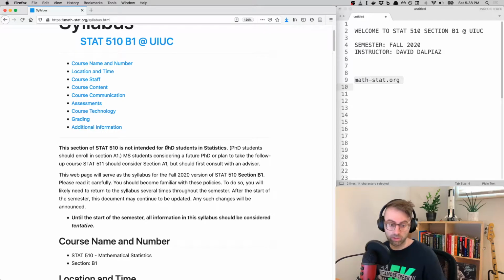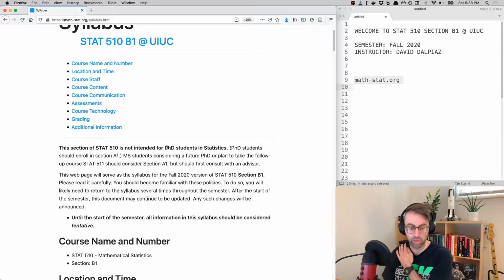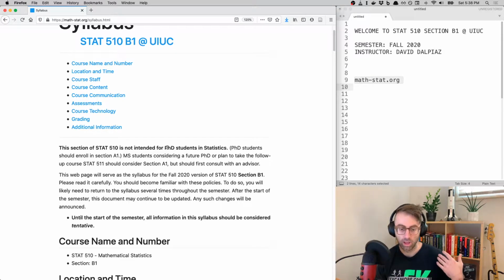For everyone else, the idea of this course would be that it's directly targeted at master students in the Department of Statistics who do not plan to go for a PhD or do not otherwise plan to take the follow-up course, Stat 511.